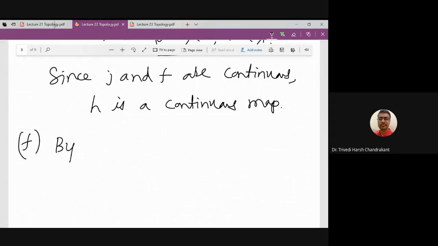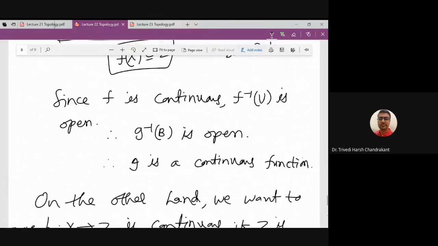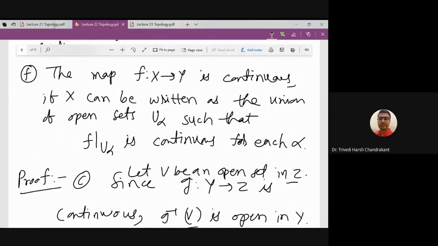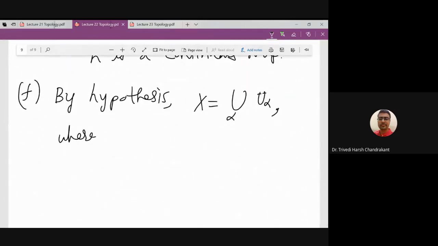What is the hypothesis? The hypothesis is that X is a union of U alpha, where the U alphas are open sets, and what else we know is f restricted to U alpha is a continuous function.